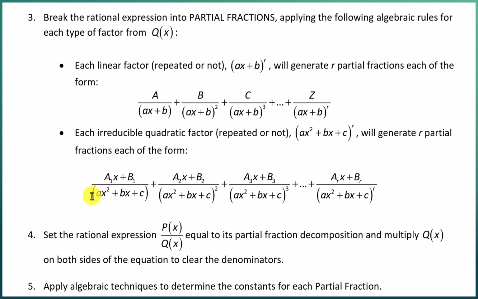So each irreducible quadratic, repeated or not, so say this is to the r power, that could be 1, 2, 3, or so forth, whatever that r is, each of the irreducible quadratics will create our partial fractions when we do the breakdown. Those partial fractions will have the irreducible quadratic on the bottom, and a linear term in the top, ax plus b, or a1x plus b1. If we have lots of factors, then it would probably make sense to use subnotation on our constants.